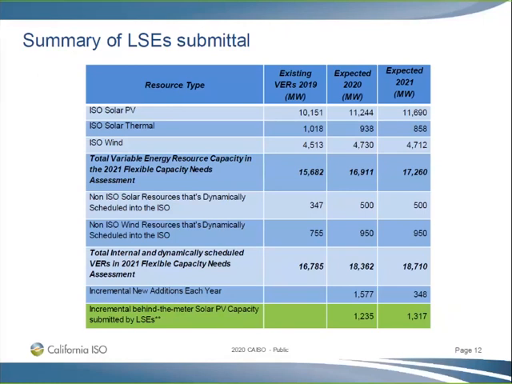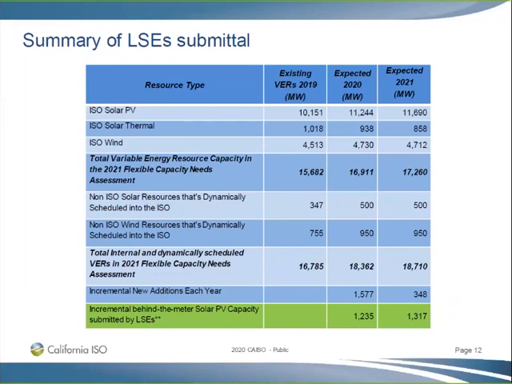Wind is slightly going to increase by about 200 megawatts. Then you look at the variable resources that are within the ISO's footprint. You're looking at about 15,680 megawatts existing in 2019, and then we expect that to increase to about 17,260 by 2021.